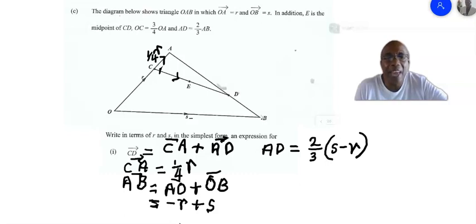So now we can find vector CD by adding CA plus AD.